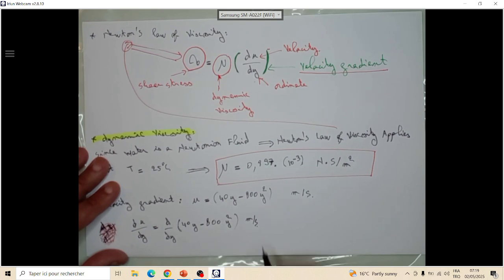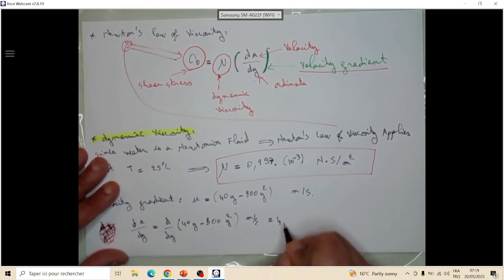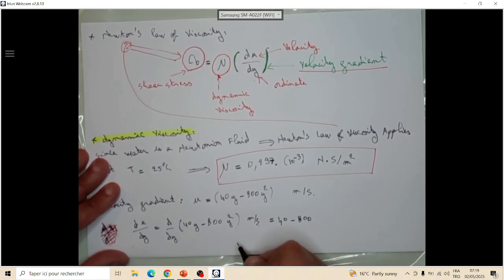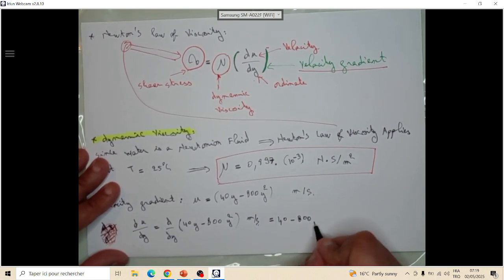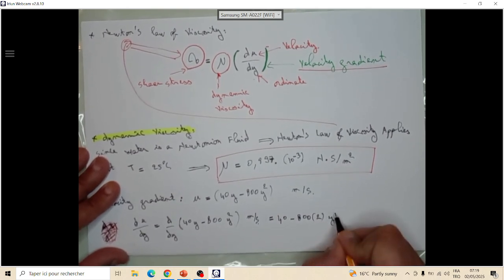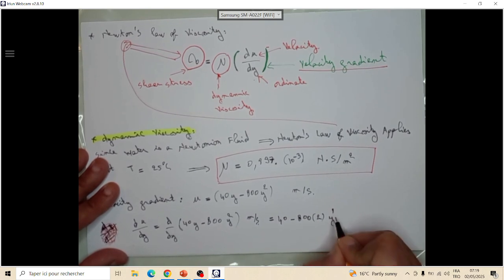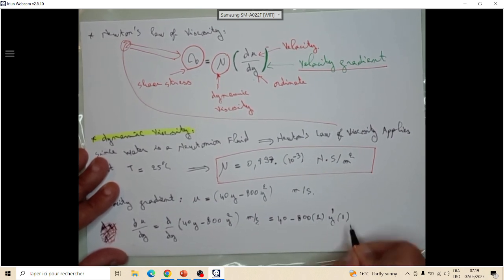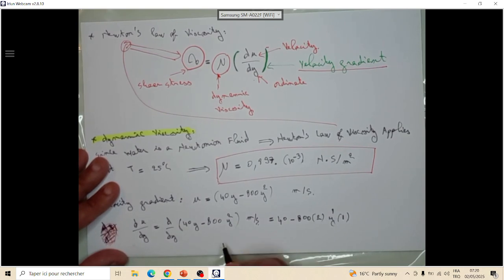For the derivative, it will give me 40 minus 800 times the derivative of y squared, which is 2 times y to the power 1 times the derivative of y, which is 1.